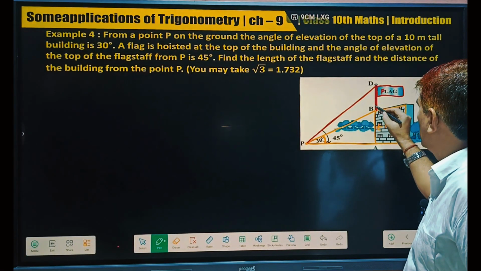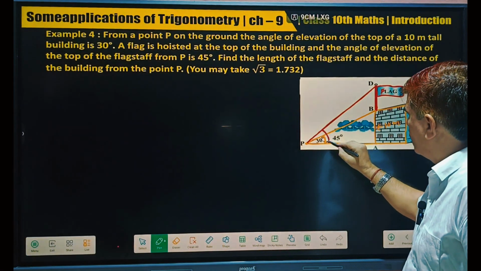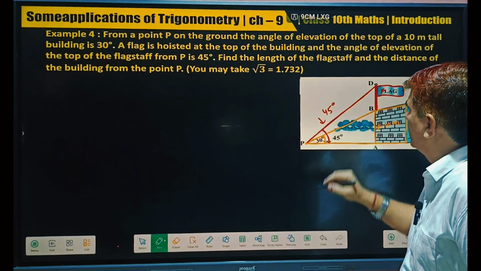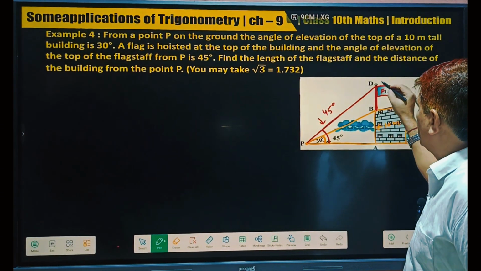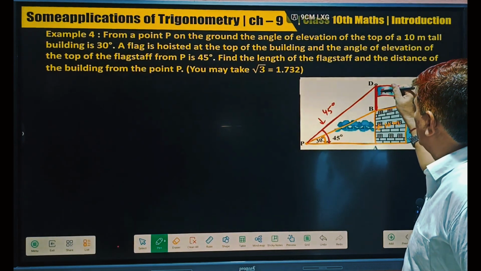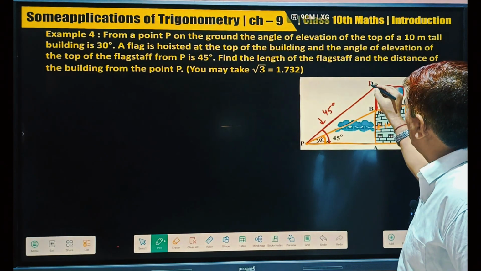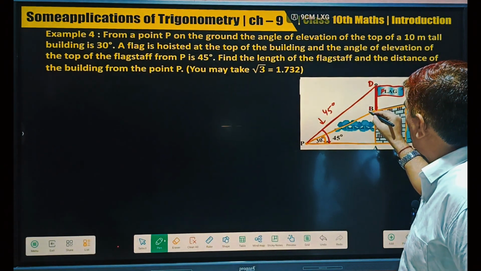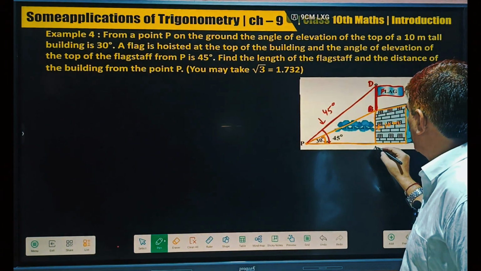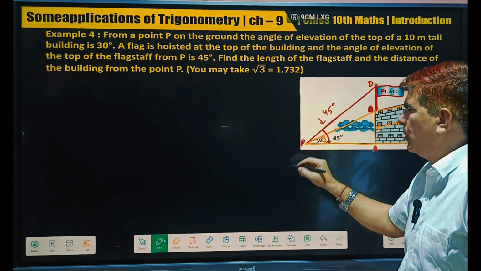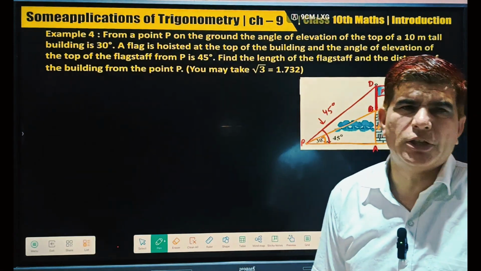This angle is how much degree? 45 degree. Top of the flag, we have taken B point. Top of the building we have taken B point. The foot of the building A is taken, and point P is taken, from where the angle of elevation is formed.